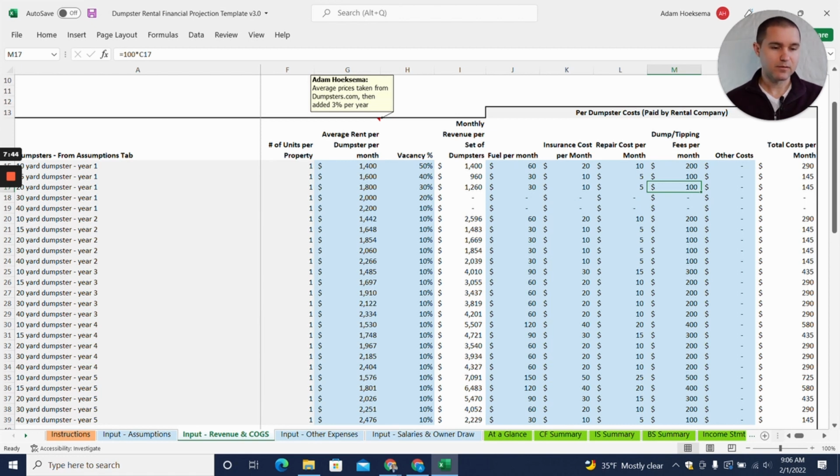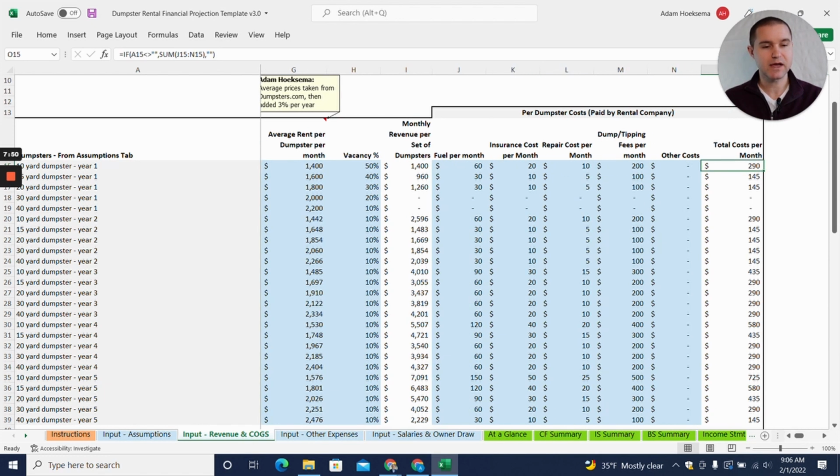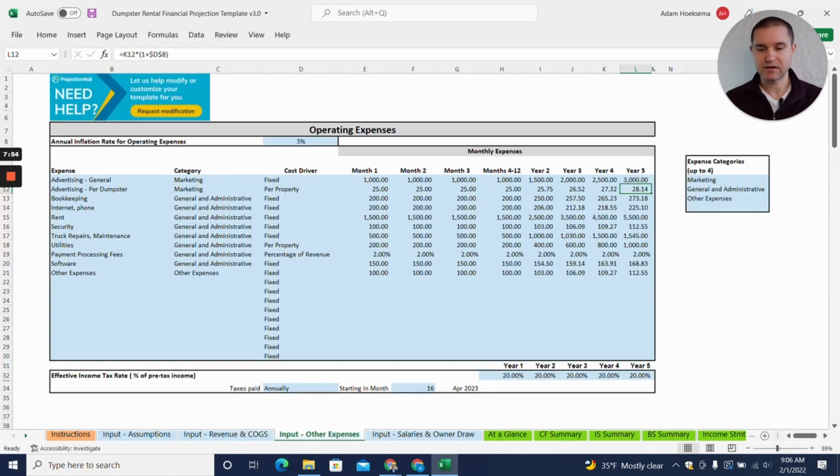But after all that, we're going to be able to have a total revenue per month per dumpster line item and total cost. And then we can put in our operating expenses. So rent, security, truck repairs, utilities, software expenses, payment processing fees.